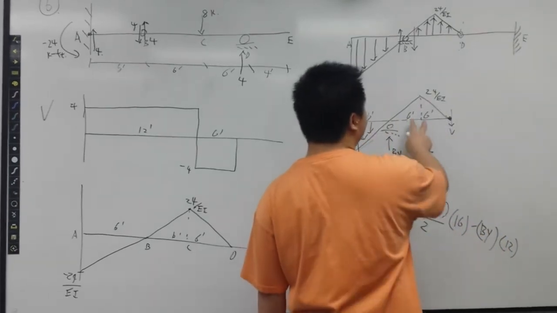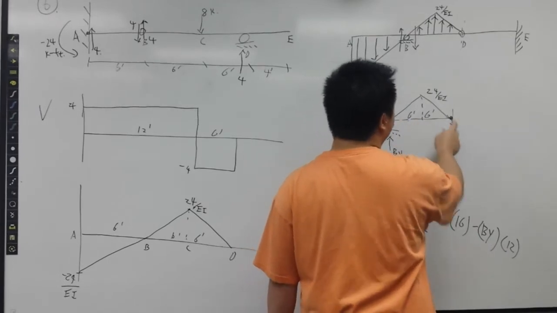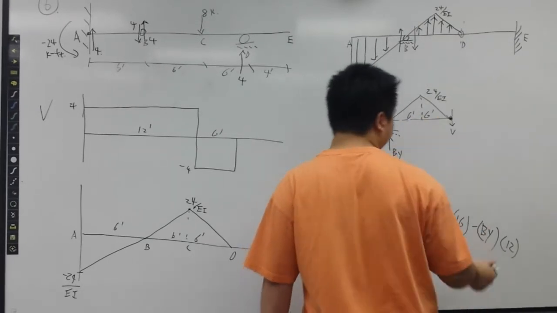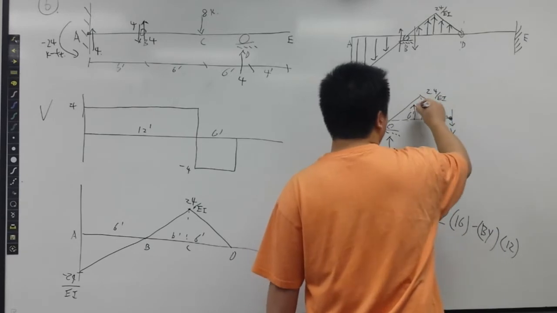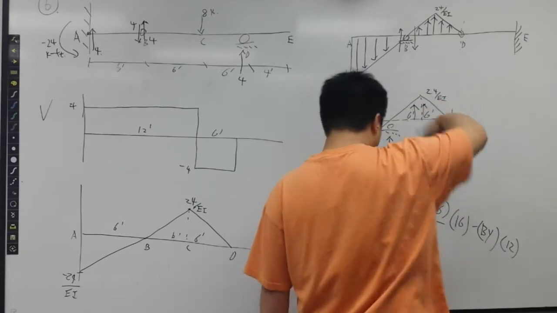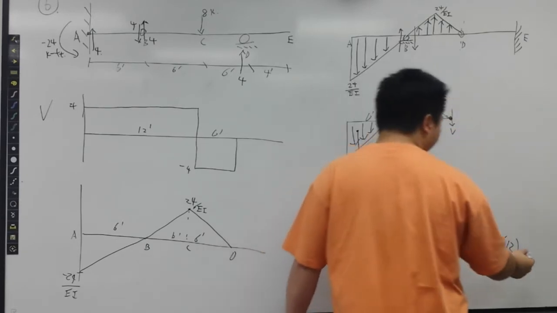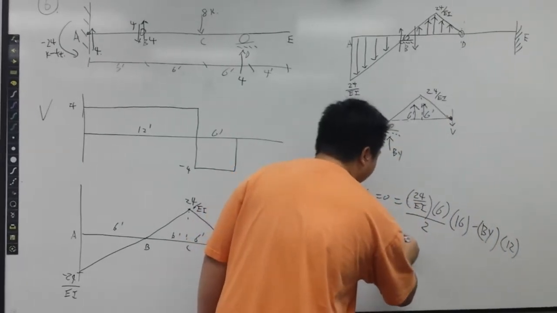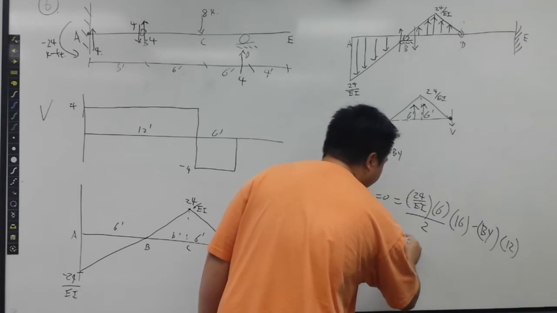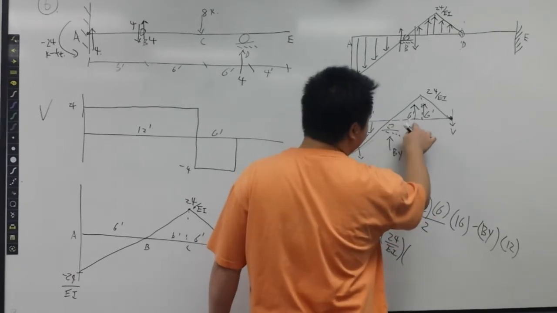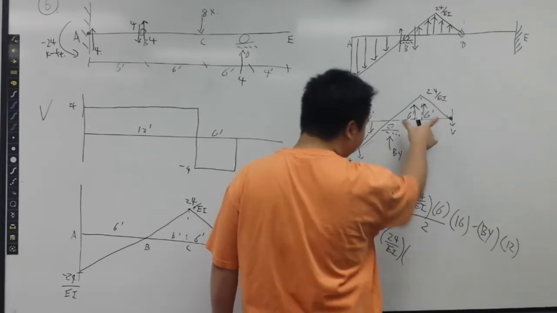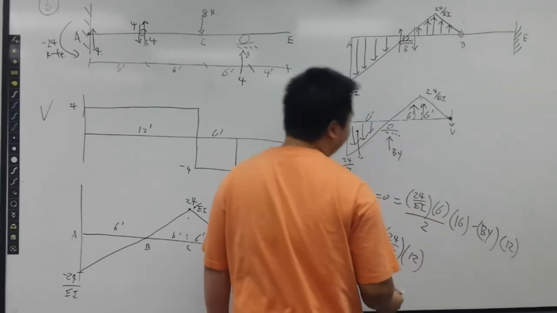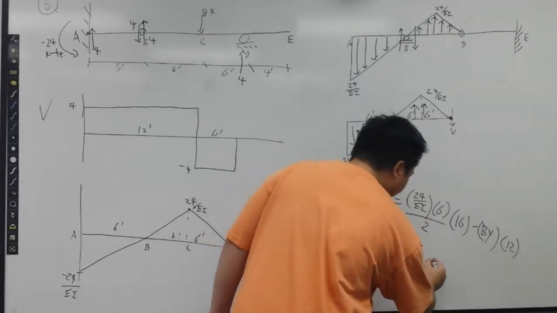And for this one, since they're equal, we can take the whole thing, and it's pointing up, so it's also negative. Minus 24 EI times the length, here to here is 6, here to here is 12, so the length is 12. Then divide by 2 because it's a triangle.